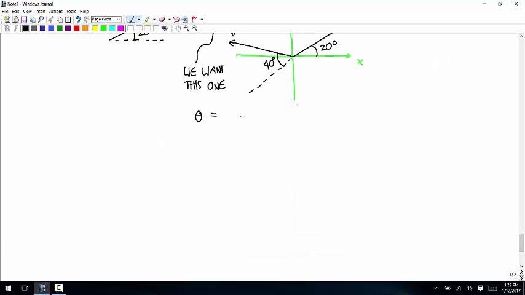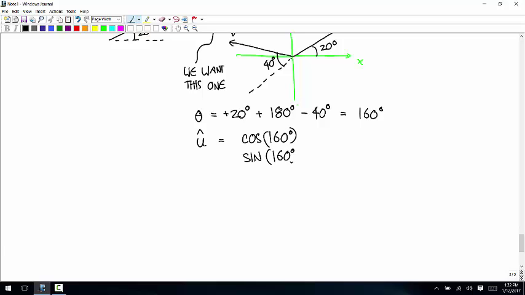So theta is equal to plus 20 plus 180 minus 40. That gives 160. And so the unit vector, I'll write it as u with the pointy hat, is equal to cosine of 160, sine of 160. Yes?